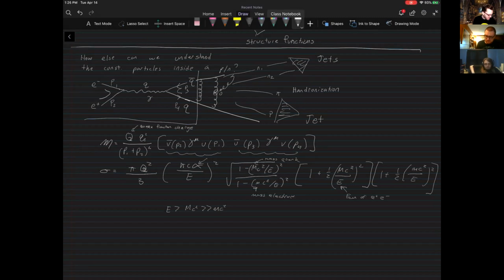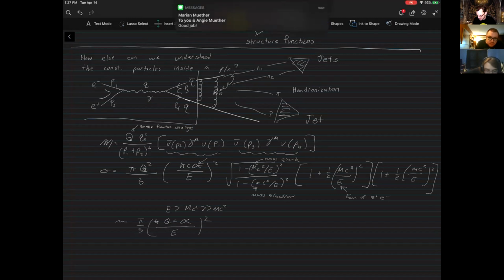Well, if I make that assumption, then this whole expression that I have written down above simplifies quite a bit. It just looks like pi thirds h bar c alpha over the available energy squared here.